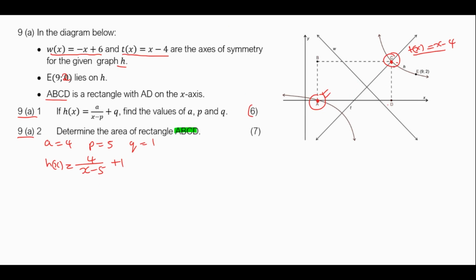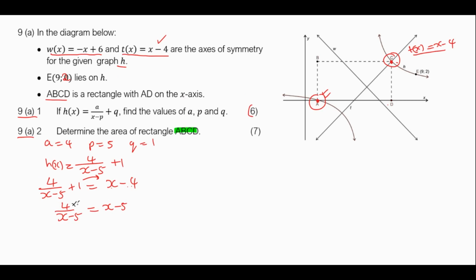So at C, since it is the point of intersection, means 4 over x minus 5 plus 1 is equal to T of x, which is x minus 4. We can transpose this positive 1 to the right hand side, becomes negative 1. Then x minus 4 minus 1 is equal to x minus 5. Now we can multiply both sides by x minus 5.